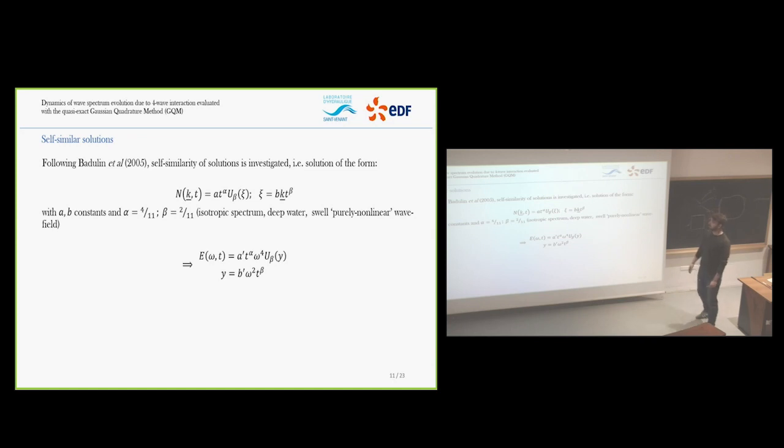So what we did, thanks to the rescaling coefficients alpha and beta found by Ardhuin, was compute the function u at different times over the simulation to check its stationarity, and therefore the self-similarity of the solutions.